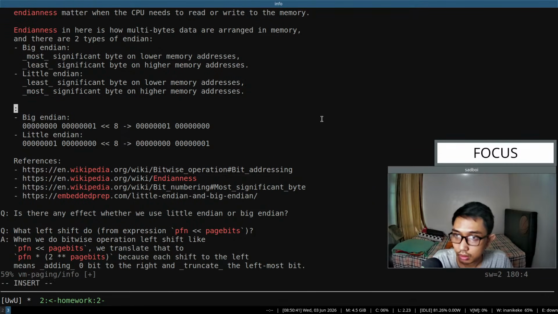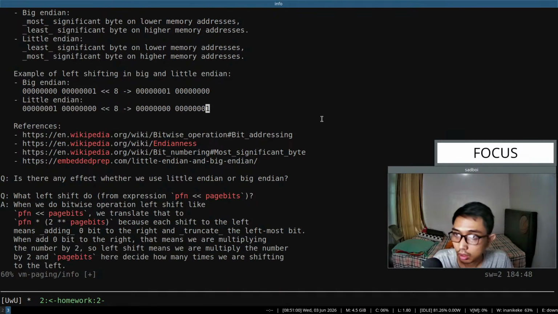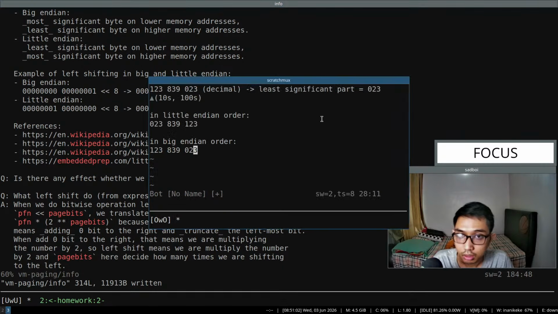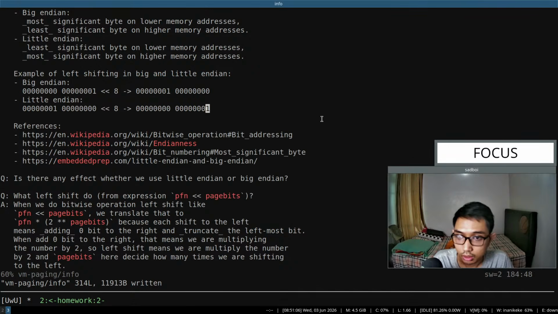Wait. Example of left shifting in big and little endian, and then least significant part.